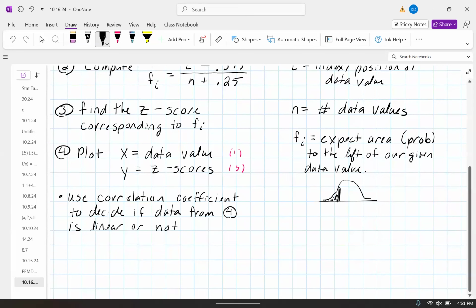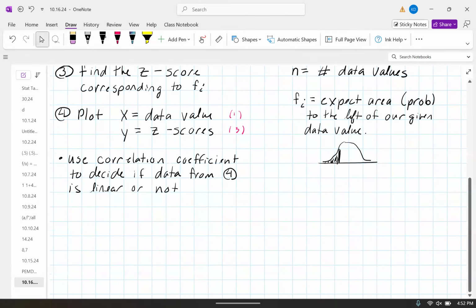And how we decide if it's good enough is there is a table, and I will show us where this is, in the appendix on Pearson.